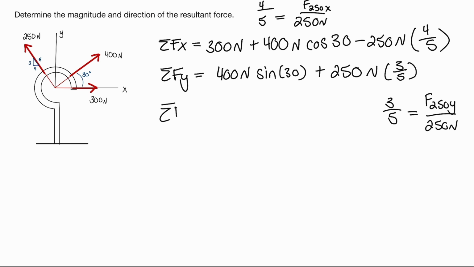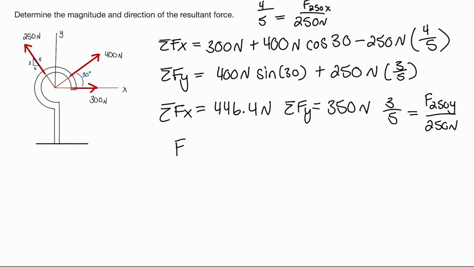And then when you plug that into your calculator, you'll get Fx equals 446.4 newtons. And Fy equals 350 newtons. So now we need to find the magnitude. So we have the x and the y direction of the resultant force. So we can just do the Pythagorean theorem.